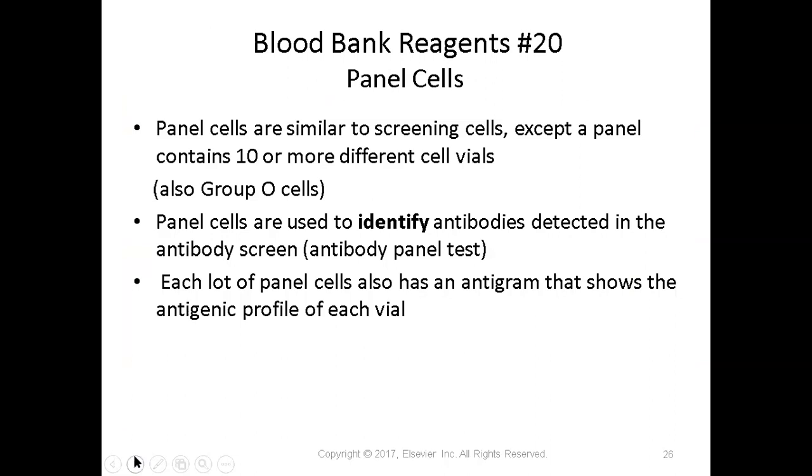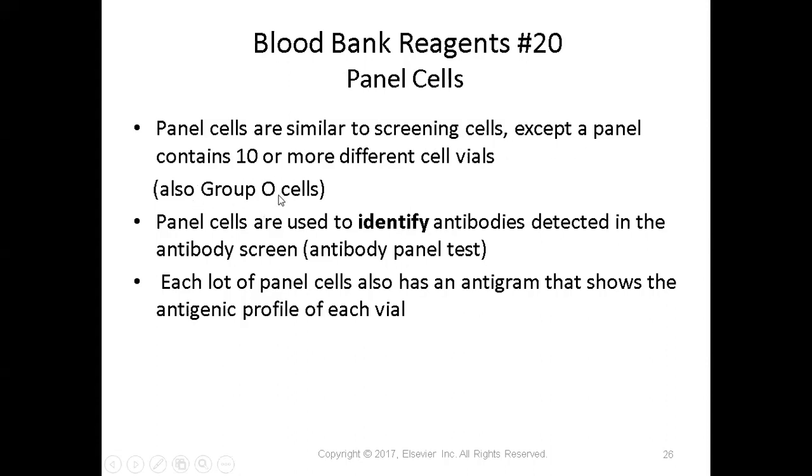When we have a person with a positive antibody screen, we move on next to the panel. We use things called panel cells to help figure out the identity of the antibody. These are reagent red cells. They're very similar to screening cells, except a panel has 10 or more different cell vials.